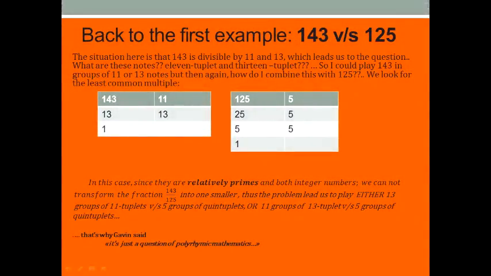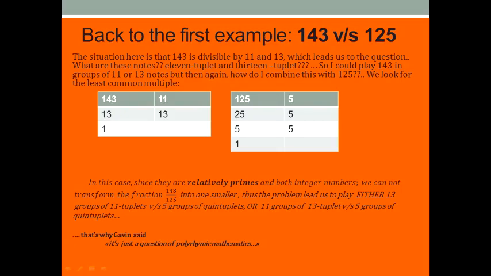So back to the first example, 143 versus 125. What do we have? The situation here is that this number is divisible by 11 and 13, which leads us to the question, what are these notes? We can call them 11-tuplets and 13-tuplets. So it means that I could play 143 in groups of 11 or 13 notes. But then again, how do I combine this with 125?